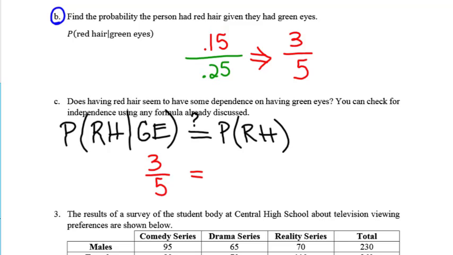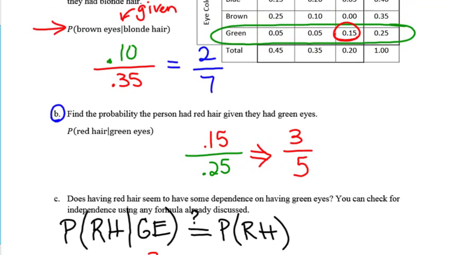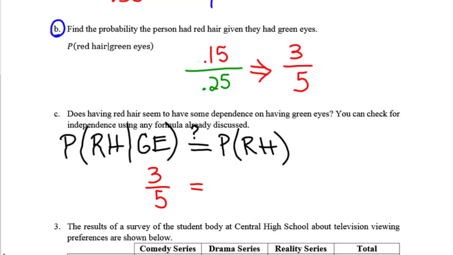So we're going to go back up to our chart. What's the probability of having red hair? We're going to look for the red hair total. That's 0.20, which is essentially 0.20 out of 1, or 20 out of 100.